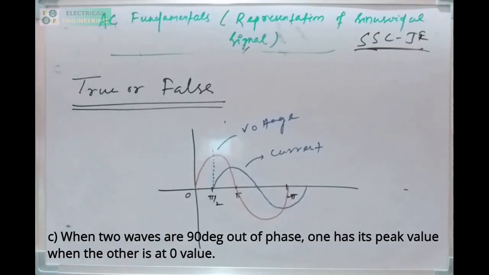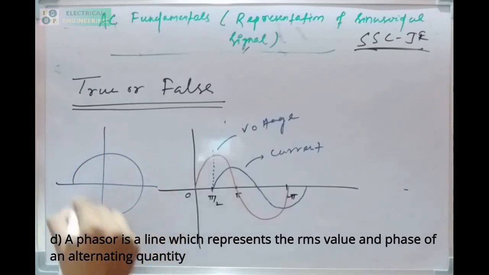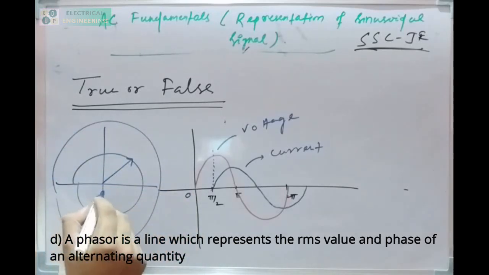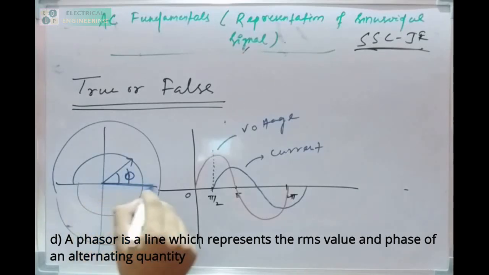Okay. And the fourth statement is, a phasor is a line which represents the RMS value and phase of an alternating quantity. Yes, we have already drawn this phasor line. It represents the RMS value, and the angle between two phasor lines represents the phase difference.